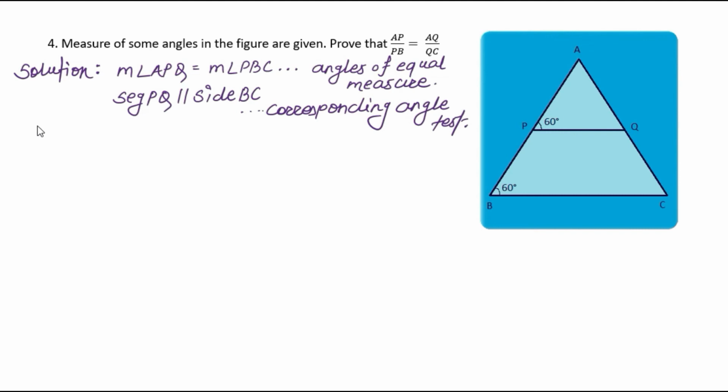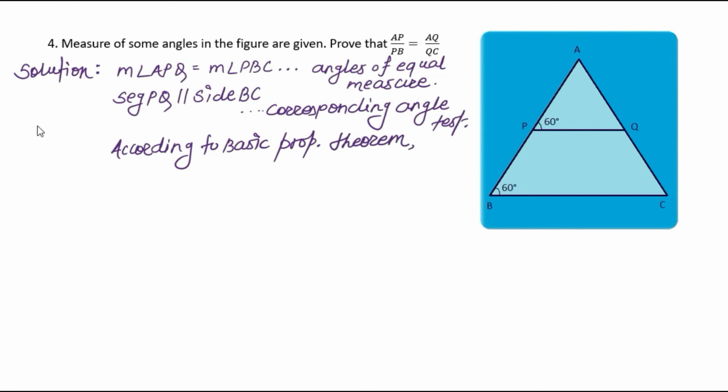Now once these two sides are parallel, we can apply basic proportionality theorem. So according to basic proportionality theorem, here I am using short forms, but you have to write full form.